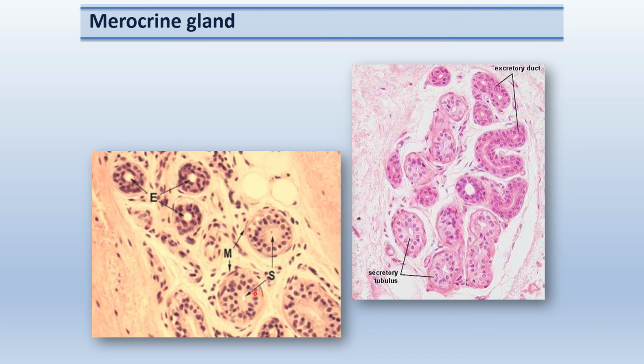Dark cells function as bactericidal, and myoepithelial cells will contract and deliver the secretion to the excretory duct. The excretory duct consists of a stratified cuboidal epithelium, and this is the secretory part, and this is the excretory duct.